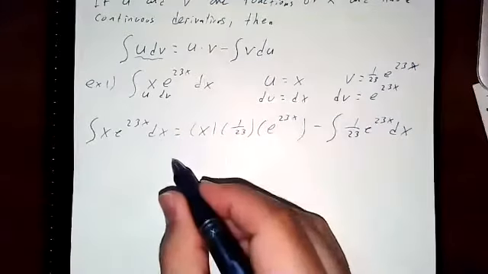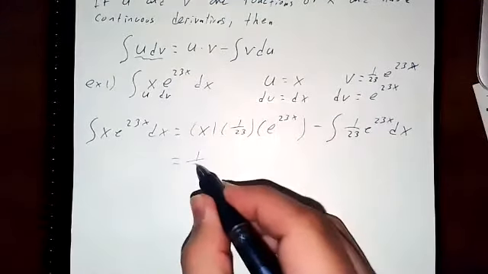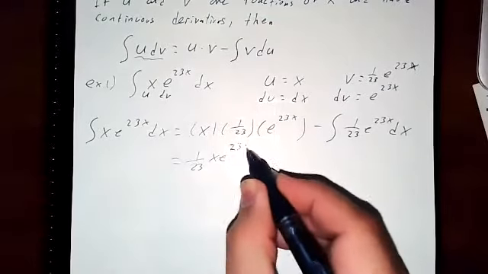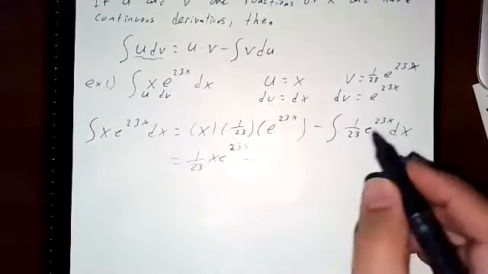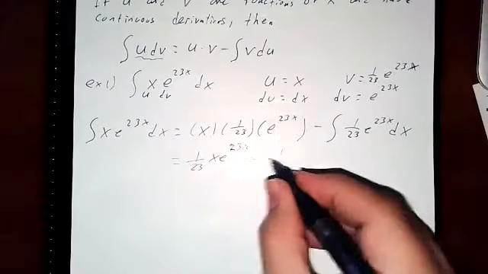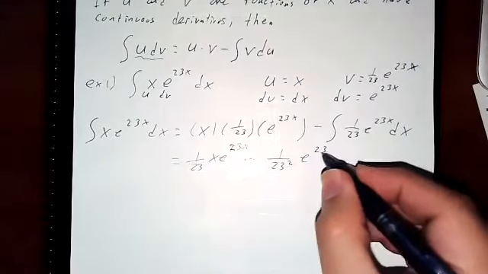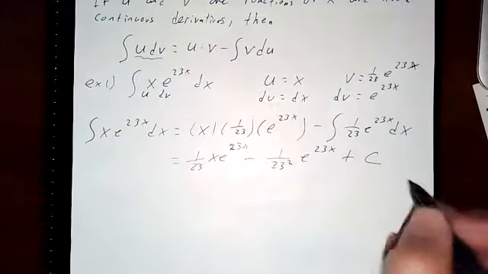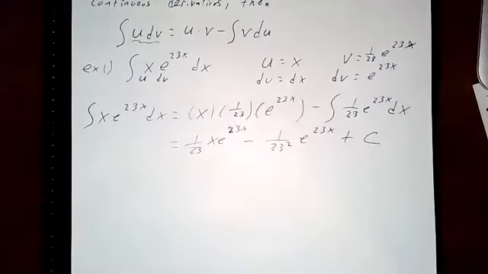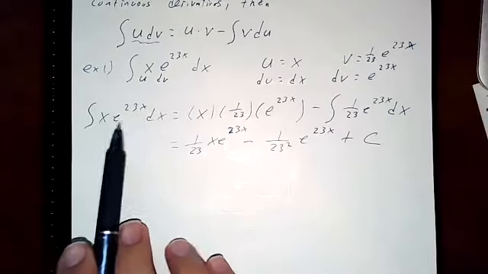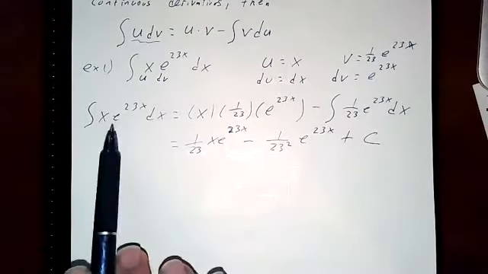So then this will simply be 1 over 23 x e to the 23x minus this integral, which will be 1 over 23 squared e to the 23x, plus my c. So that's the idea behind by parts. You see two functions being multiplied, so you have to do by parts. You choose the u and the dv yourself.